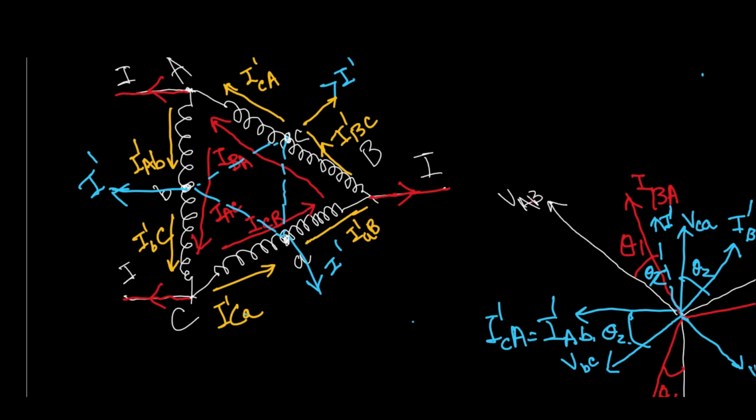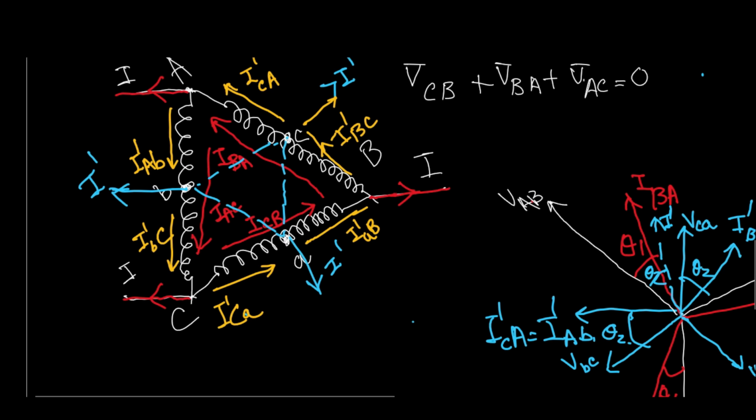Take the total outer delta. What we can write from here, that VCB plus VBA plus VAC is equal to 0. This is by application of KVL. Now, if that is the case, then what can we write from here?